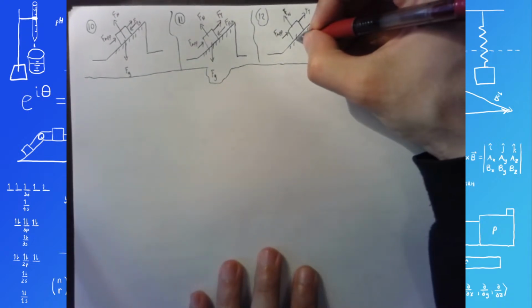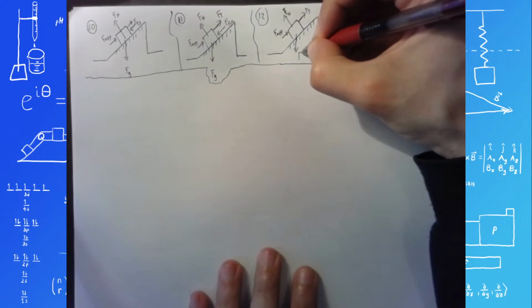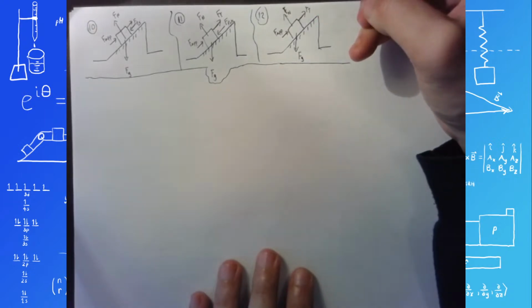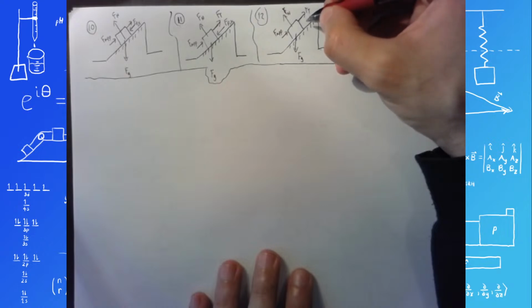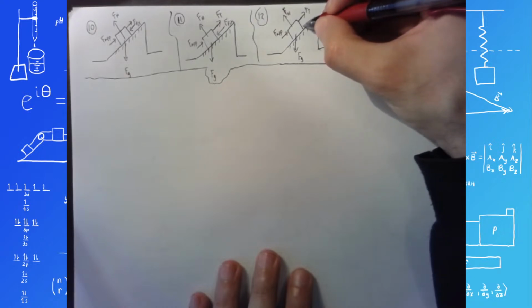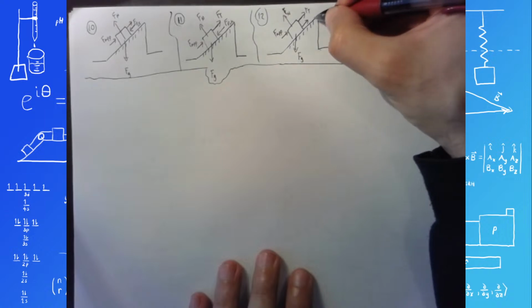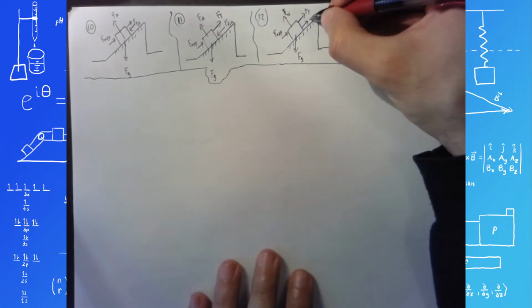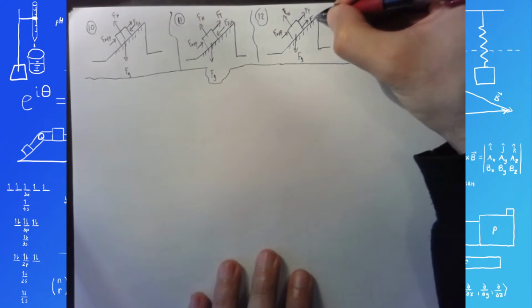Force of gravity should be straight down. And the force of kinetic friction, if the object is sliding down, then the kinetic friction would have to be trying to drag it back up, or at the very least, force, friction, kinetic.